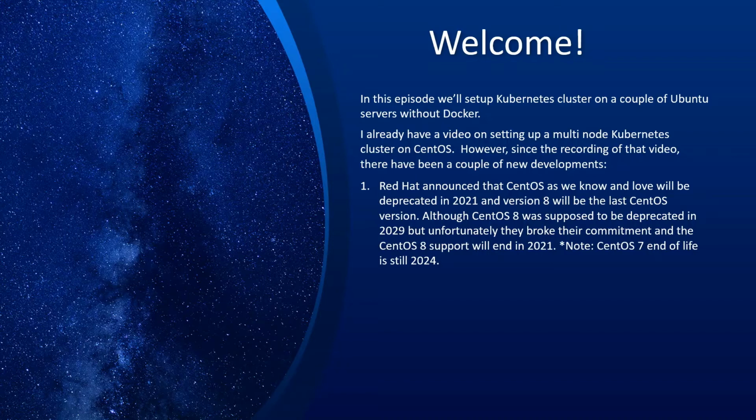If you are on CentOS 7, however, it is still supported until 2024. There is another version of CentOS going forward. It's called CentOS Stream. But that is really a dev branch for Red Hat Enterprise.